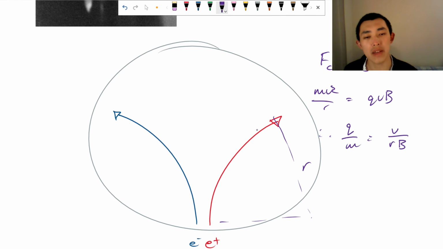So here we can see that if they have the same radius and the same magnetic field and the same velocity, we can say that these two things have the same charge to mass ratio, but opposite charges. So this is pretty convincing evidence that the positron really existed, which is very exciting. It showed that Dirac was right.